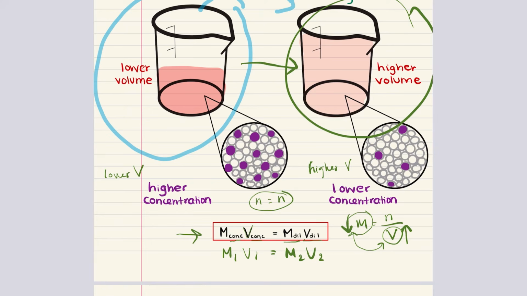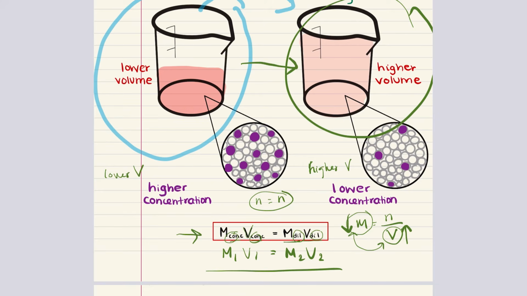This is the same thing. We're just giving the number 1 to the concentrated solution and the number 2 to the diluted solution, and this just makes it easier to remember. M1V1 equals M2V2. M1 and V1 are the molarity and volume of the concentrated solution before dilution, and M2 and V2 are the molarity and volume of the solution after dilution.